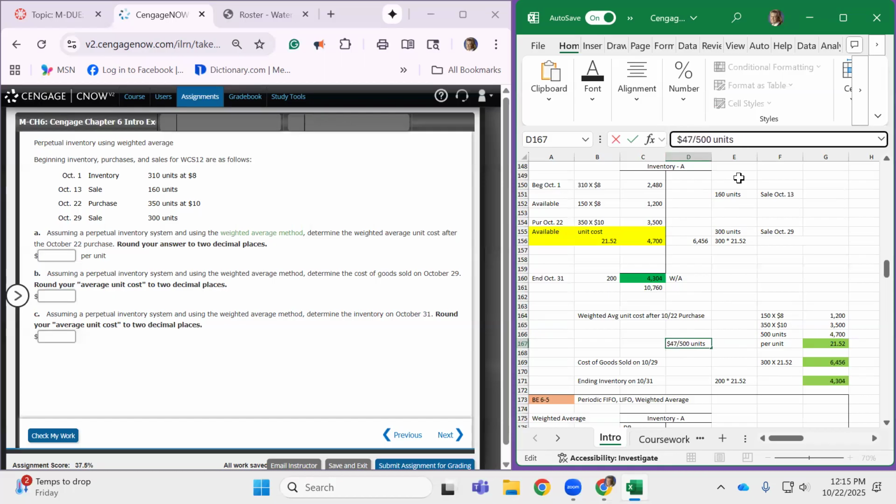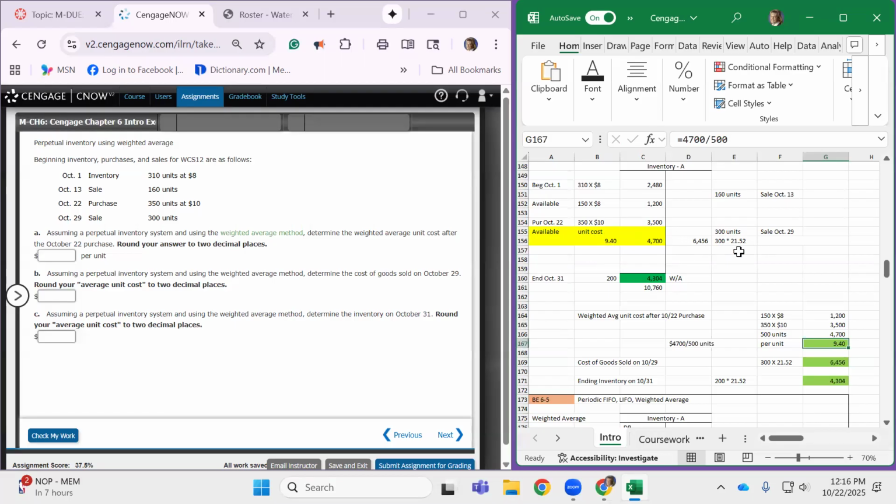Okay, $4,700 divided by 500 units should be somewhere between $8 and $10. Okay, it's $9.40. $9.40 is the cost.